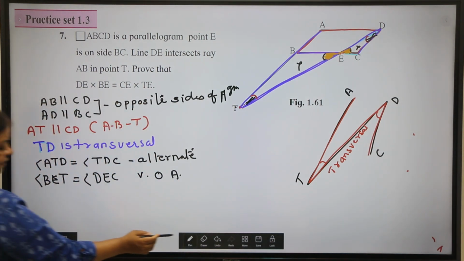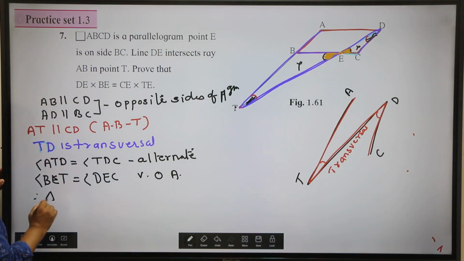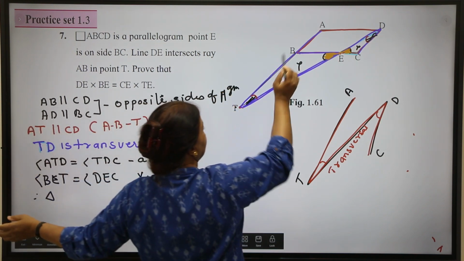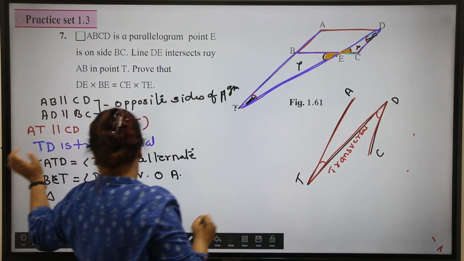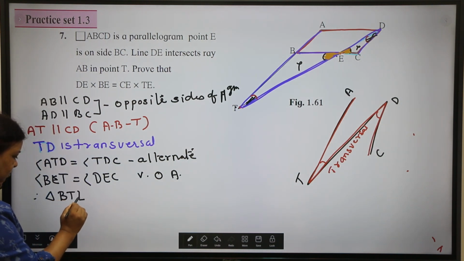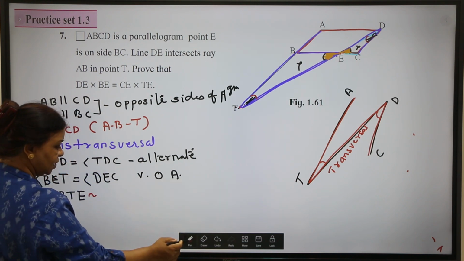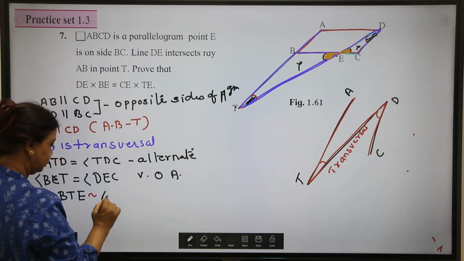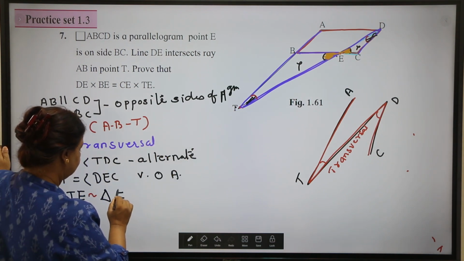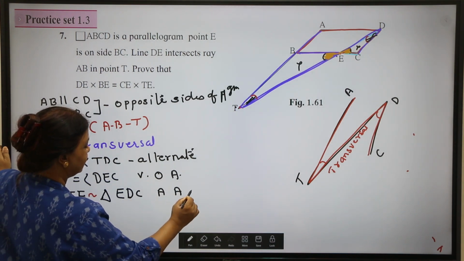So therefore we can say, triangle, let me write the name of this triangle. Triangle BTE is similar to triangle EDC by angle test.